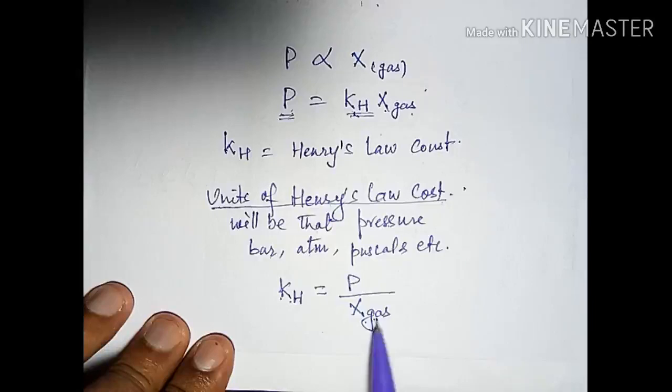And the lower the value of Henry's law constant, the higher will be the solubility. Some gases with very high KH value like N2, H2 are less soluble, and the ones like CO2, SO2, HCl have very small KH values in comparison to other diatomic gases, and their solubility is high.